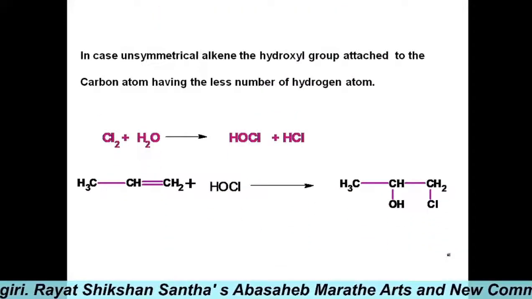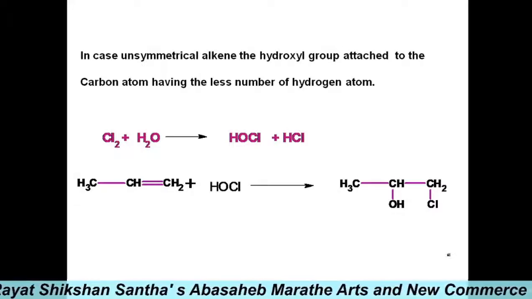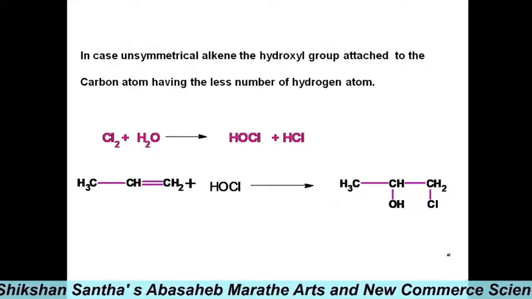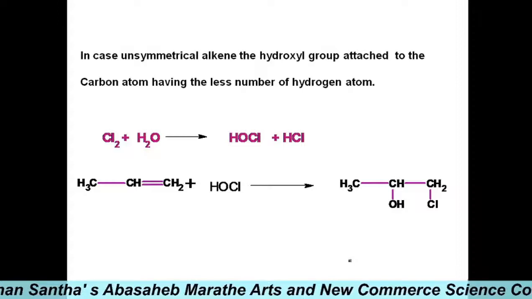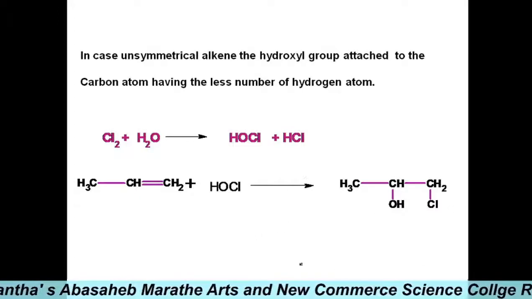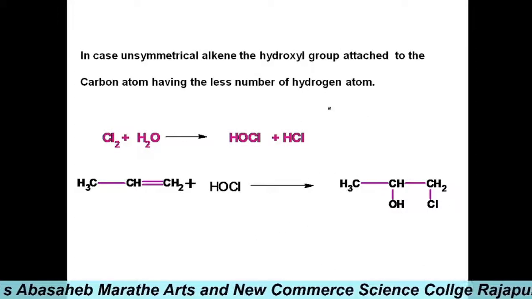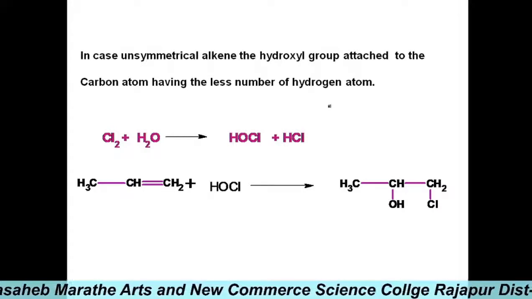Next, if an unsymmetrical alkene is used, the hydroxyl group is attached to the carbon atom having the lesser number of hydrogen atoms, according to Markovnikov's rule.